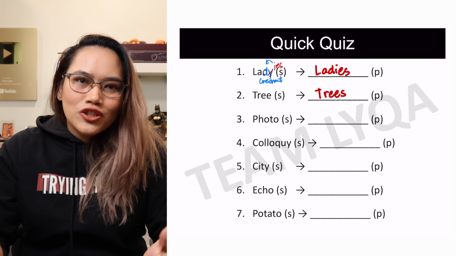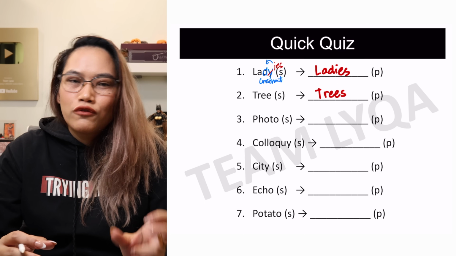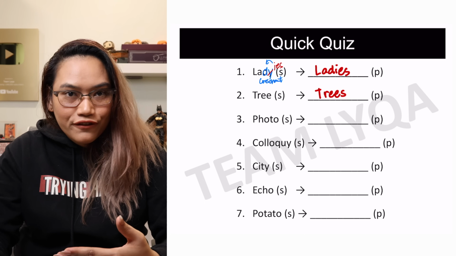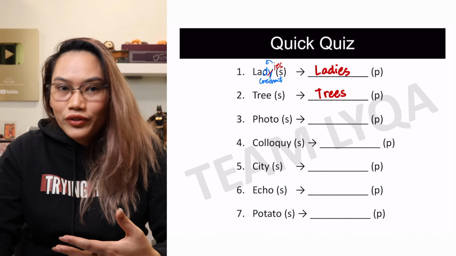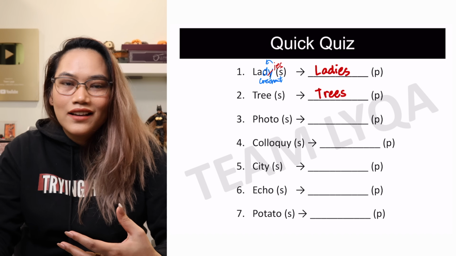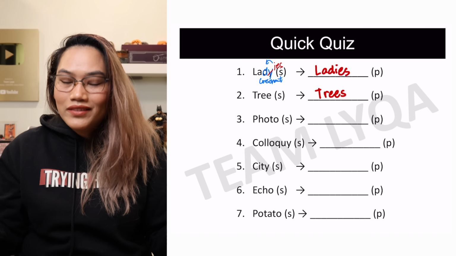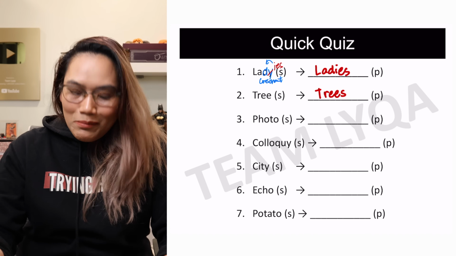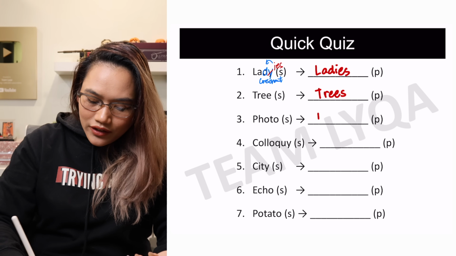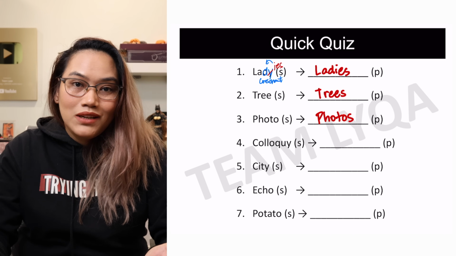Now, marami explanations dito, pero one of those is that photo is actually a shorter form of the word photograph. And since the word photograph, kung marami siya, is just photographs with just an S, then it follows na photos din without an E. P-H-O-T-O-S din. But in my opinion, just remember it, we use the word photos. It's one of those exceptions, sabihin natin.